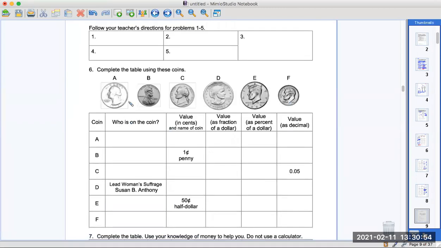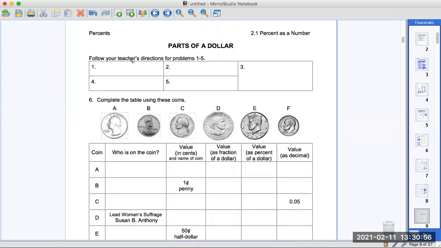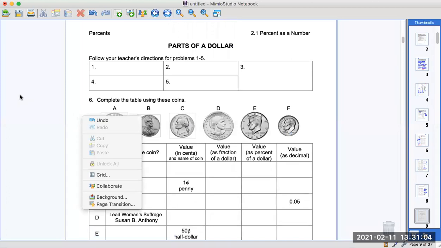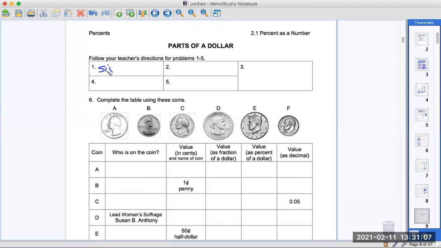And who's on the coin? Let's fill that in. So let's put, I'm just giving an example, 6 cents. The way you write it is either 6 cents or in dollar form 0.06.